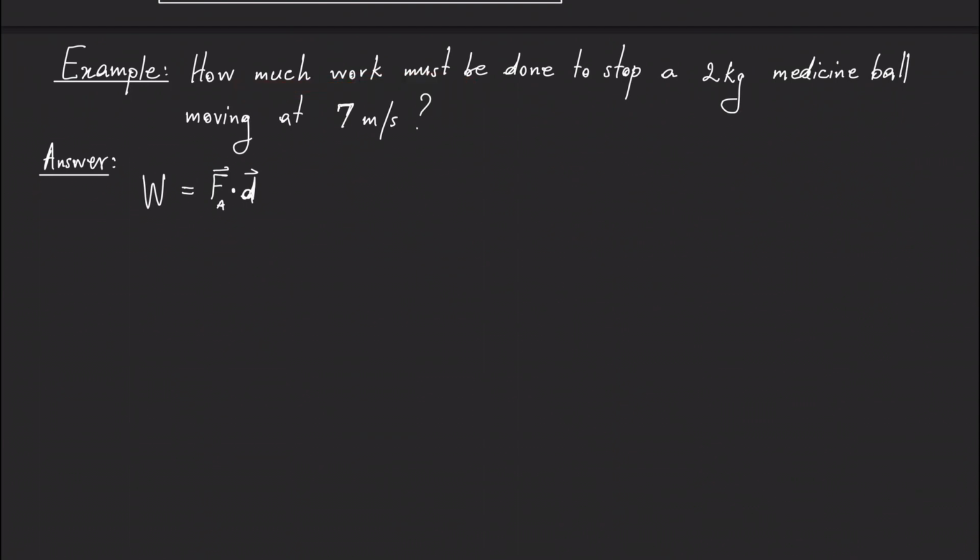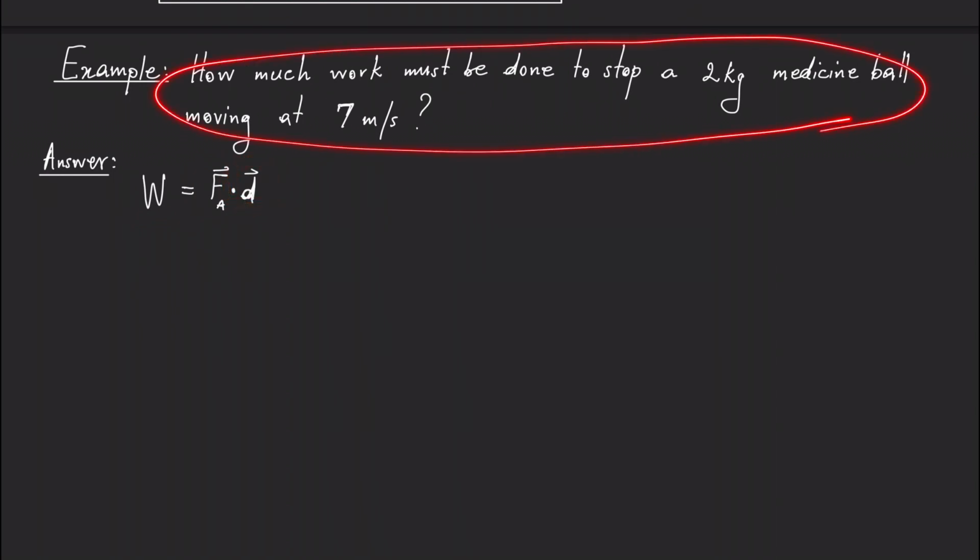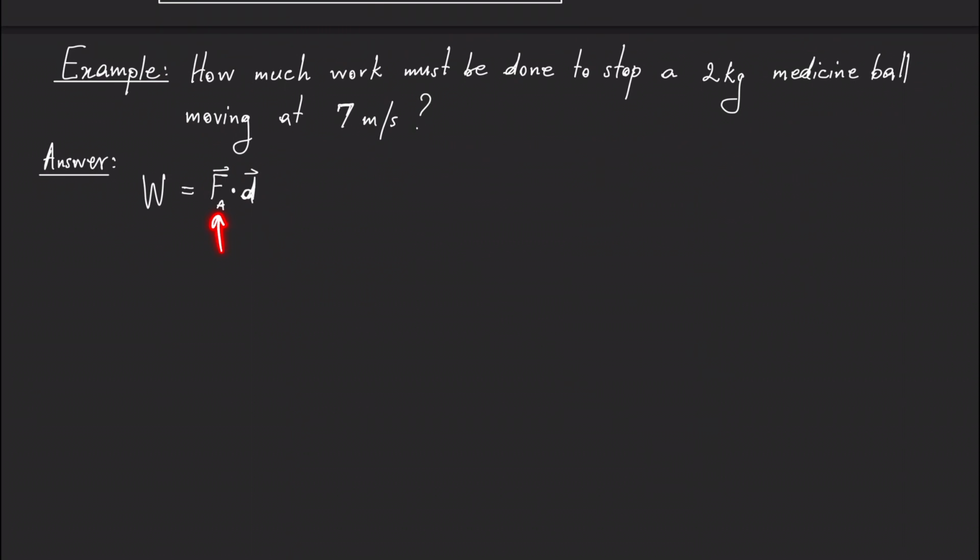Well, if we were to try to approach this problem head on, we will run into a couple of issues. For instance, by definition, work done is given by the force in question times the displacement. Well, in this particular problem, we don't have the force we need to apply, neither do we know the displacement over which we need to apply the force. So this direct approach is not fruitful.